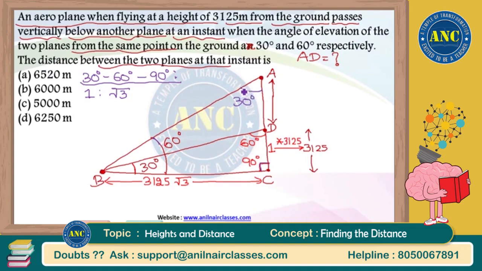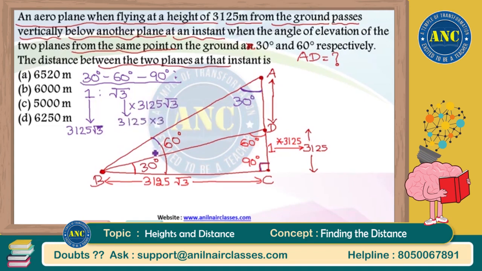But opposite to 30, the side is already fixed here as 3125 root 3. That means 1 should become 3125 root 3. Root 3 also is multiplied by 3125 root 3, and 3125 root 3 into root 3 is 3125 into 3.